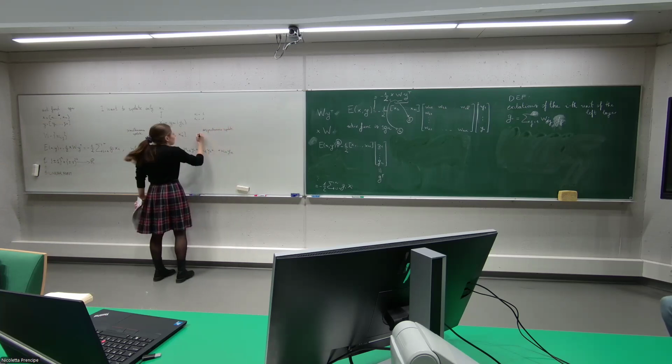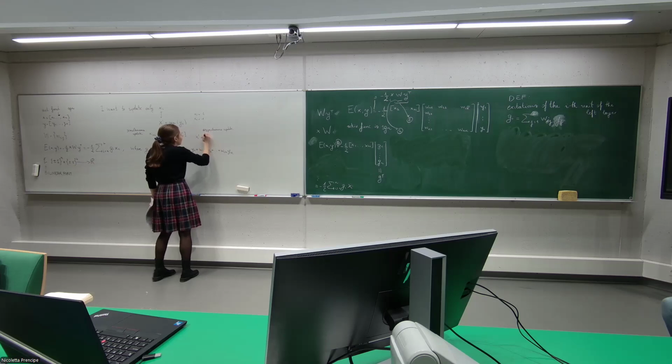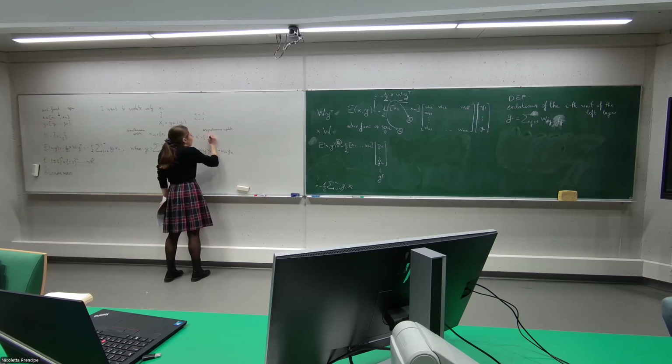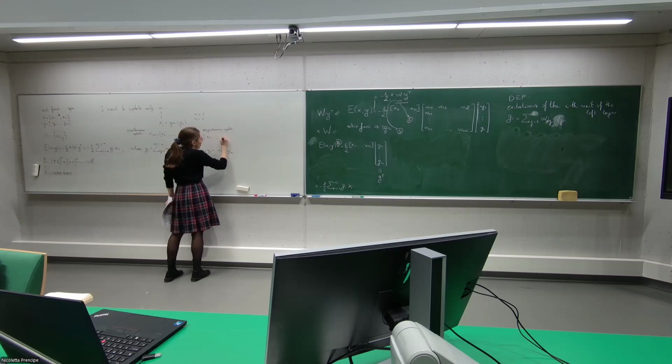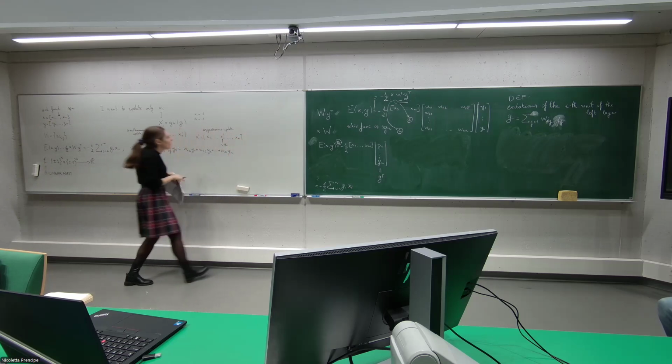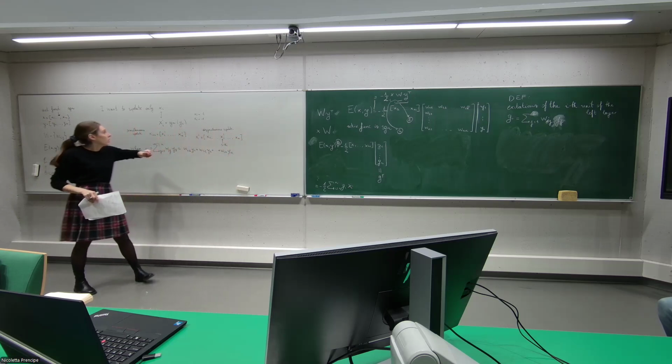I can call X prime the vector that is equal to the vector X for all coordinates except the ith one. When you reach the ith coordinate, you have xi prime, and the rest is the same. So I just updated xi.